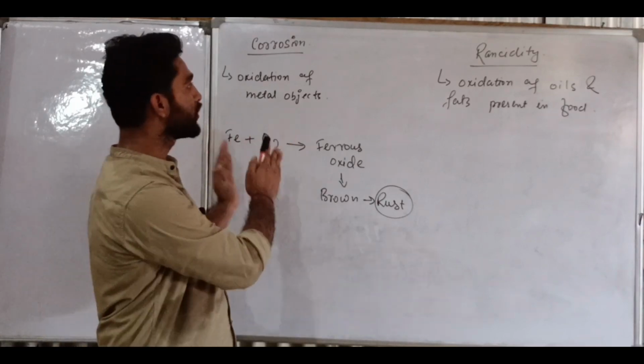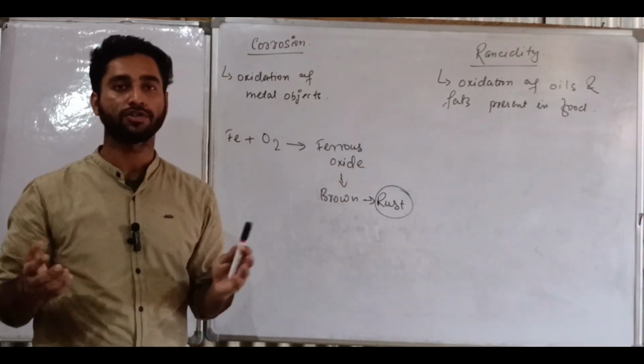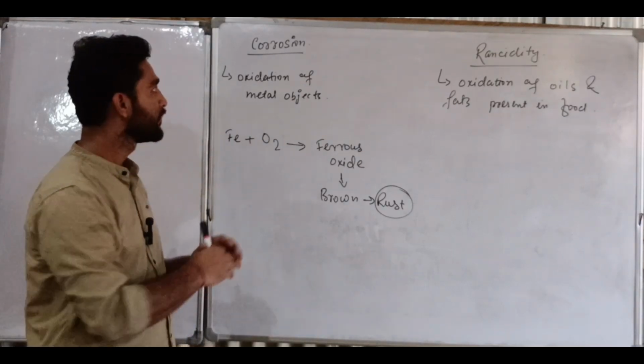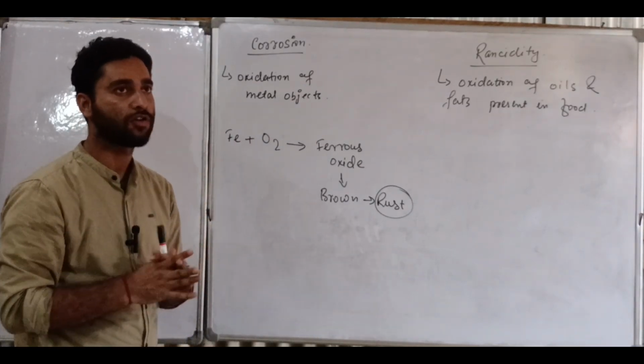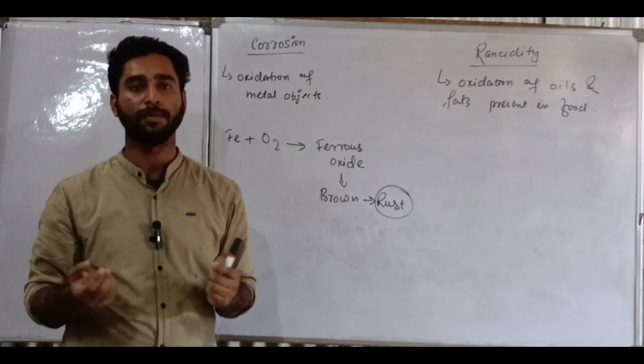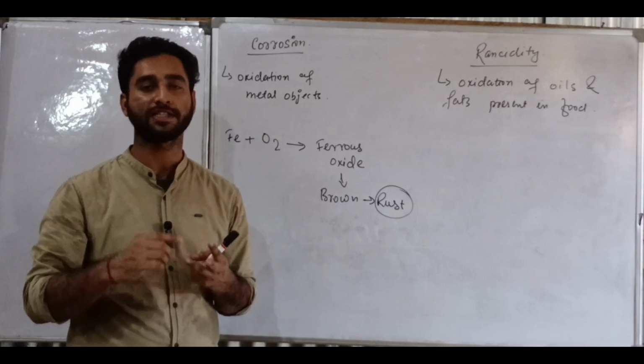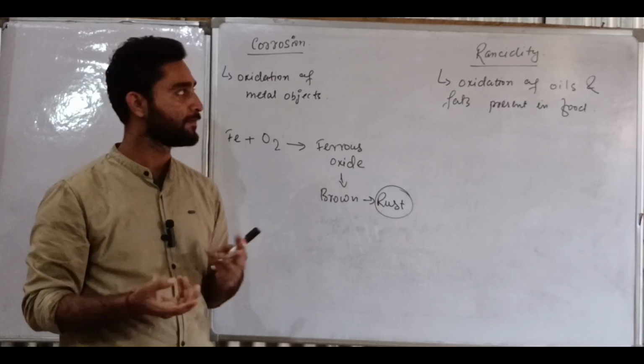So why do corrosion and rancidity take place? Because of oxidation. Both processes take place because of oxidation. Corrosion means the eating away of metal objects by the action of oxygen or moisture or sometimes chemicals.